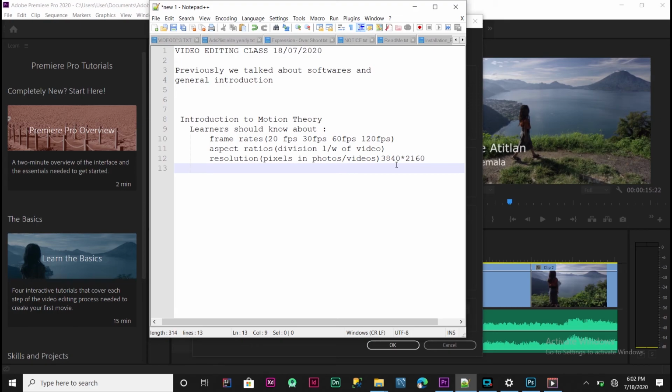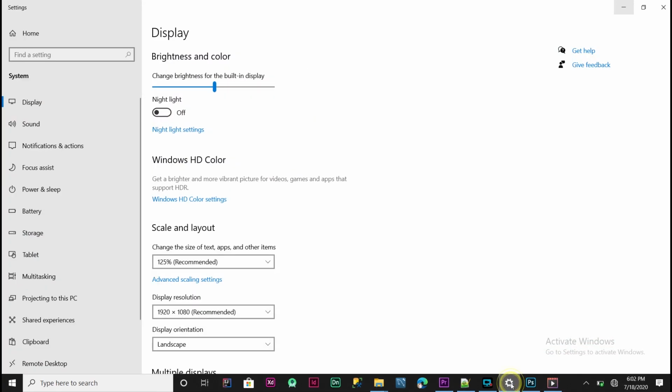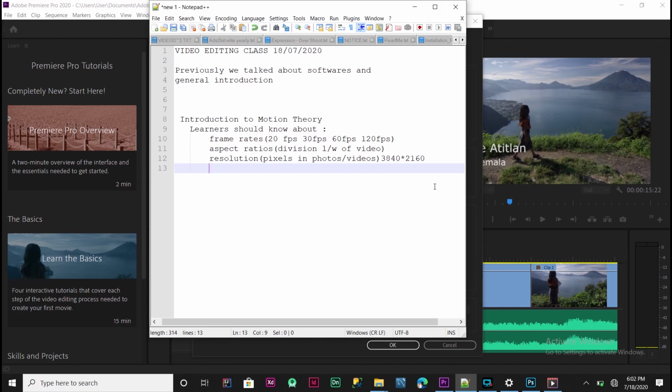My computer is not 4K, its resolution is 1920 by 1080. So by now I think most people have an introduction to 4K. So we can learn about what we call aspect ratio.